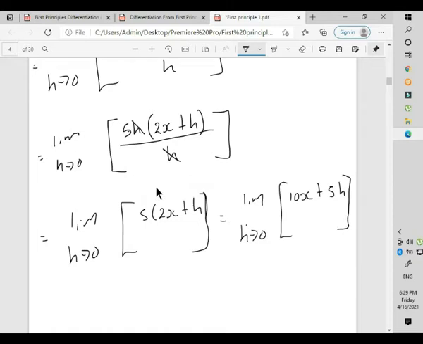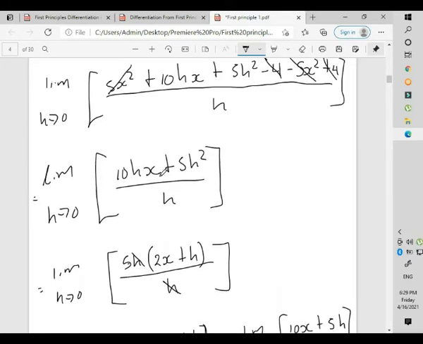And like I said earlier on, whenever you reach this stage and have your cancellations done, you would always have to substitute 0 wherever you see that h. So I would have 10x plus 5 times 0, which is going to give me 10x.